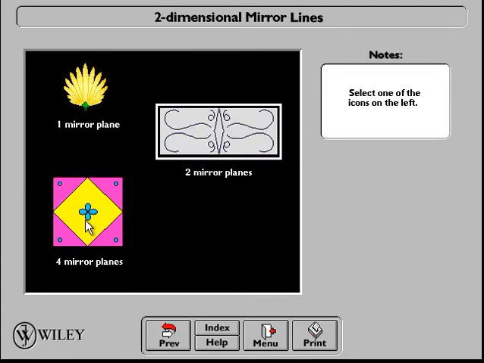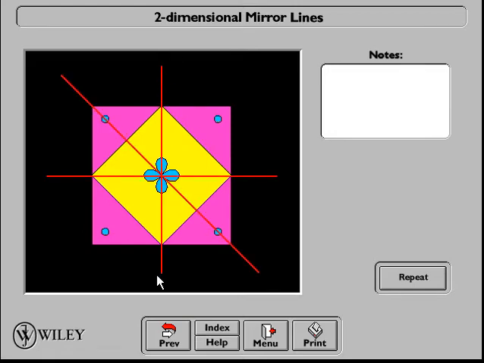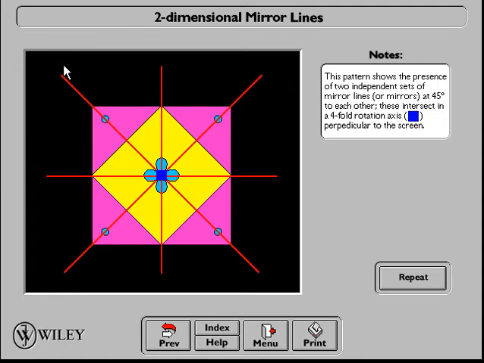And then we have here a motif with four mirror planes. Then we have here the first one, the second one, the third one, and the fourth one. This pattern shows the presence of two independent sets of mirror lines at 45 degrees to each other.